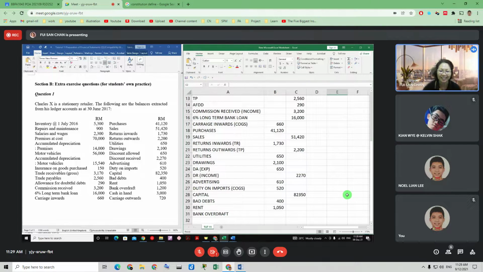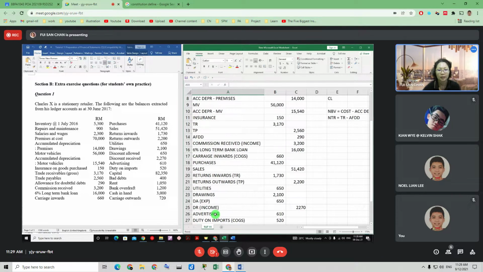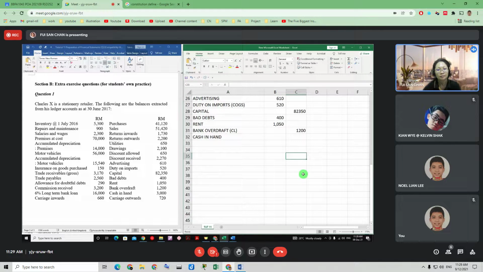You say we owe to the bank, how can it be an asset, right? So it's current liability, and liability is on the credit side. Okay, cash in hand. Debit. Cash in hand is cash that you have, so it's your current asset, so it's on the debit.